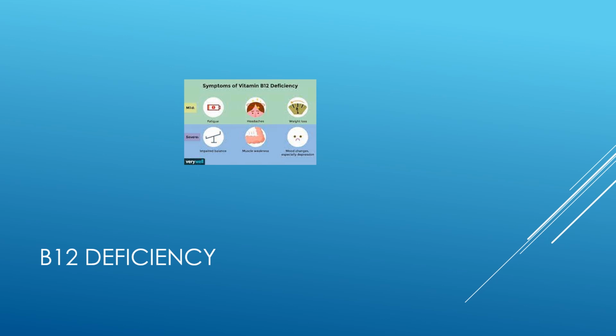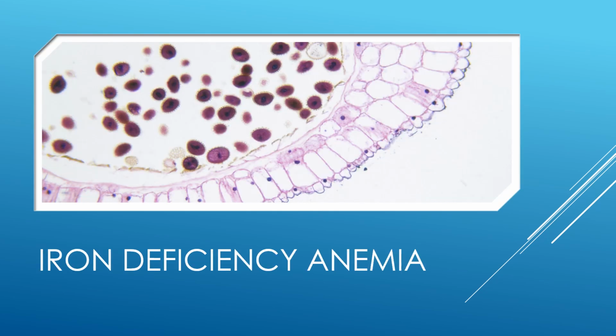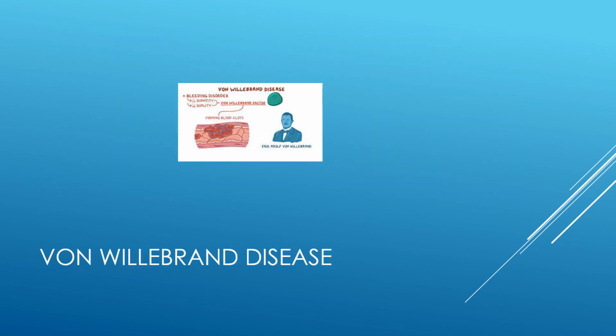All right, B12 deficiency anemia can cause paresthesia as a result of the myelin degeneration in the spinal cord. Iron deficiency causes small, pale erythrocytes. Von Willebrand disease.